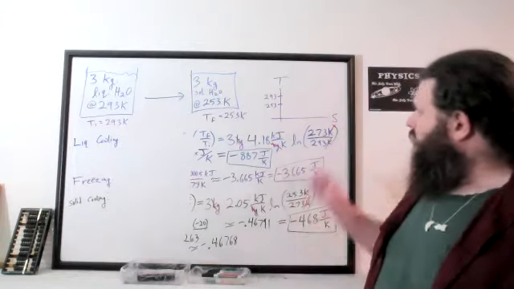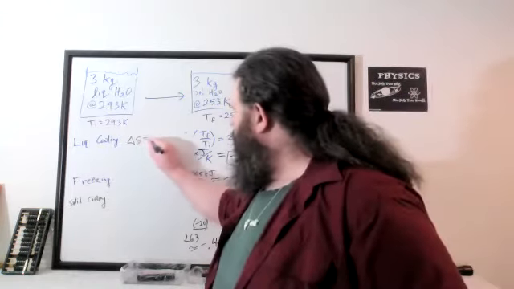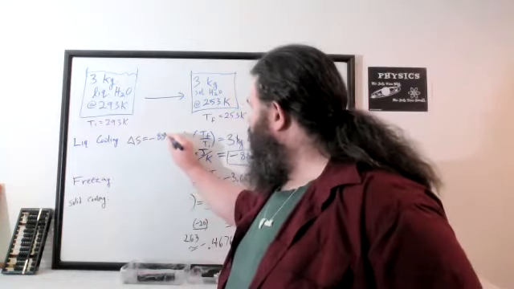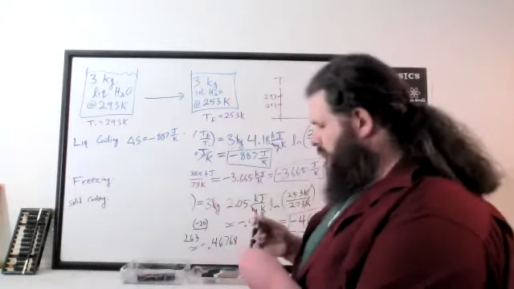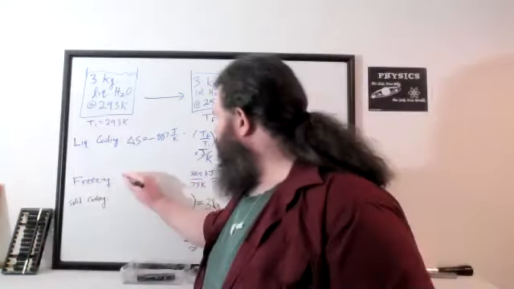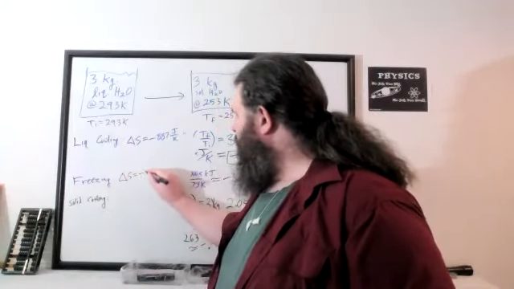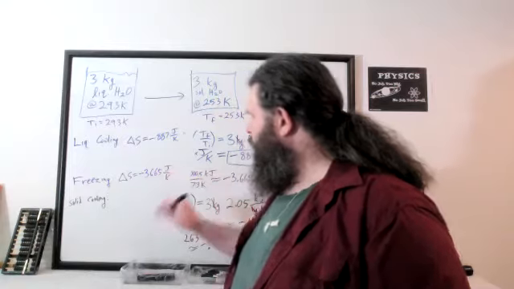So filling in the values we've got, we know as the liquid cools, the delta entropy is negative 887 joules per Kelvin. During the freezing process, delta entropy is negative 3,665 joules per Kelvin.